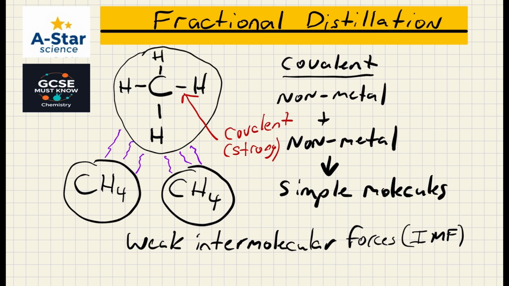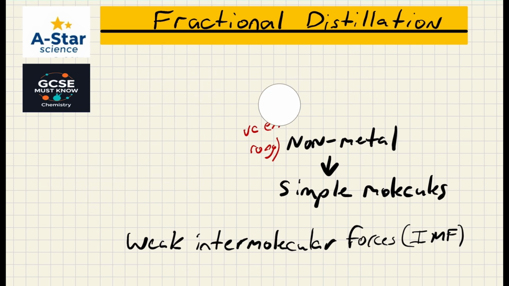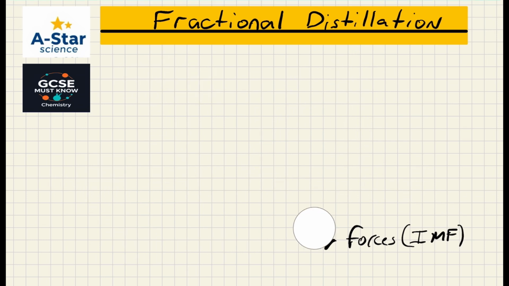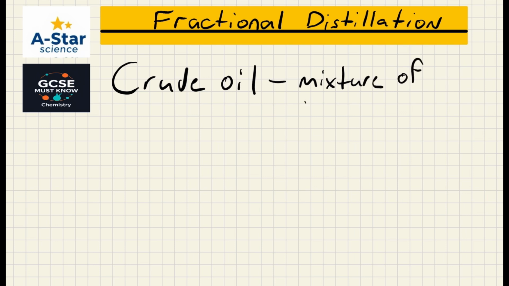And so this is where fractional distillation, which is a physical process, can be used to separate these hydrocarbons from each other. Another key concept is remembering that many of the hydrocarbons are obtained from crude oil. Crude oil, which is that black mixture, black liquid that comes from the ground, is a mixture of hydrocarbons.